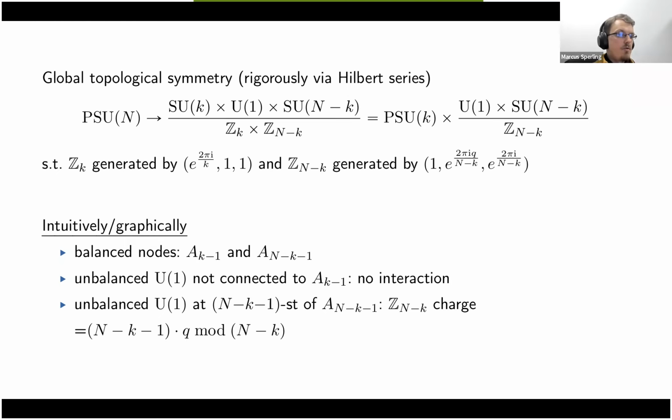And you can again read this off from the quiver in a nice fashion. You check the set of balanced nodes, which gives you SU(K) and SU(N minus K), and then you check what the unbalanced U(1) node is connected to.